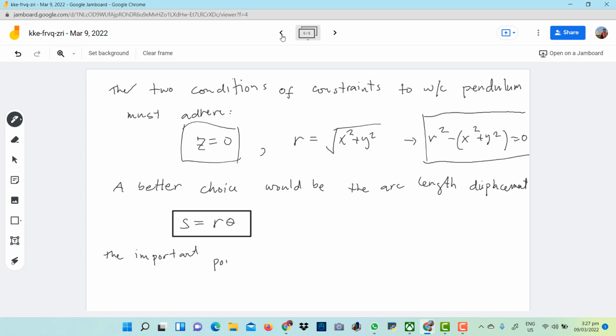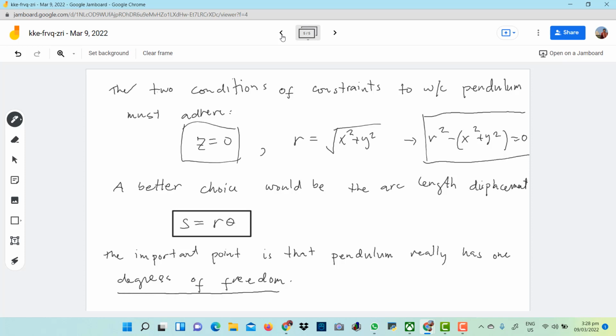The important point is that the pendulum really has 1 degree of freedom. Why only one? Take note, I have two equations of constraints. So how will you calculate the number of degrees of freedom?